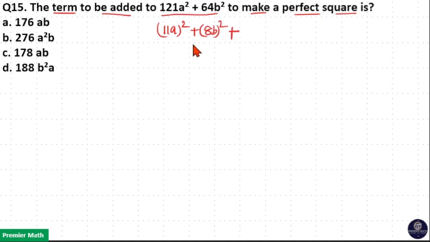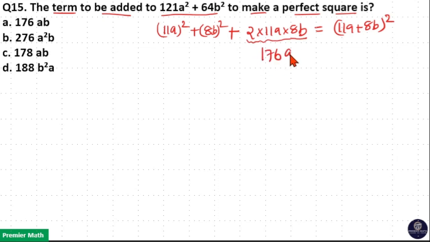If I add 2 into 11a into 8b, that is 2 into 11a into 8b, which is equal to 11a plus 8b the whole square, which means I can make a perfect square. That is 2 into 11 into 8, 11 into 8, 88. 88 into 2, 176. So 176ab, if I add it to this term, I can make a perfect square. So option A is your answer.